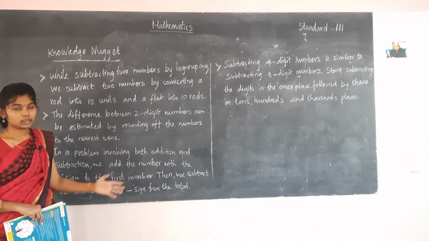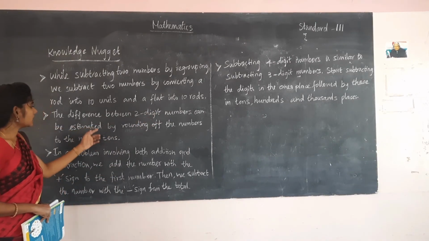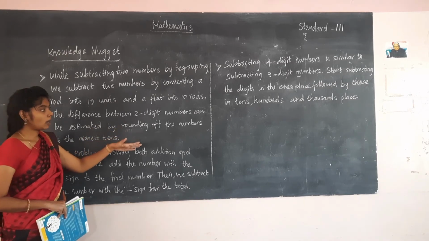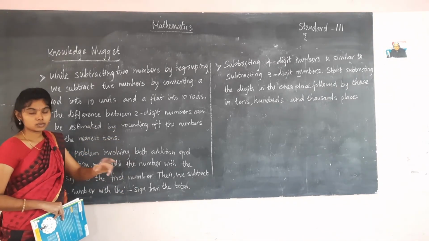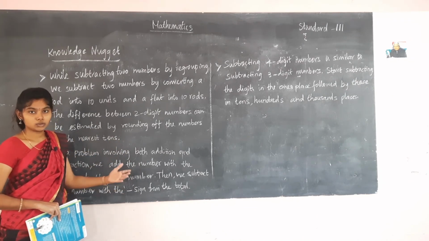First we round off the numbers to the nearest tens and then we subtract those two numbers.